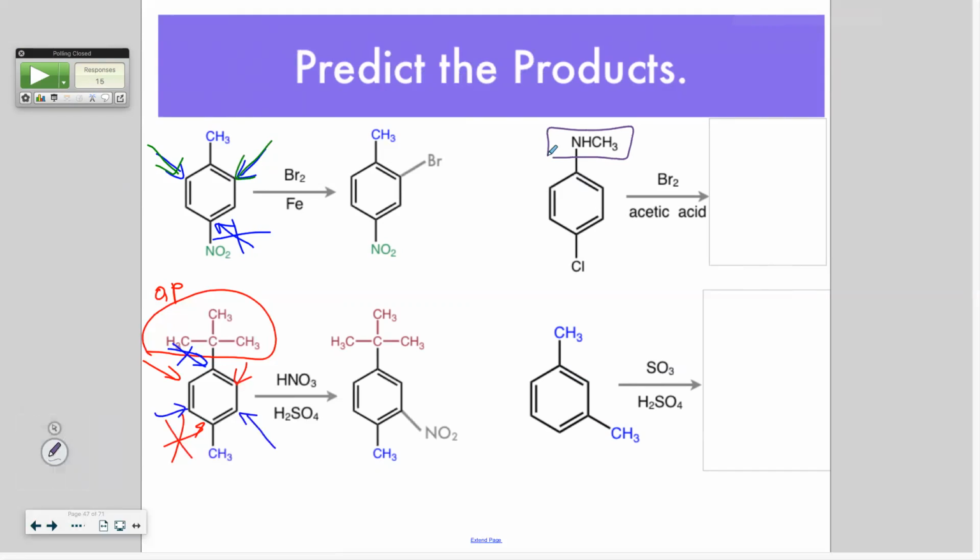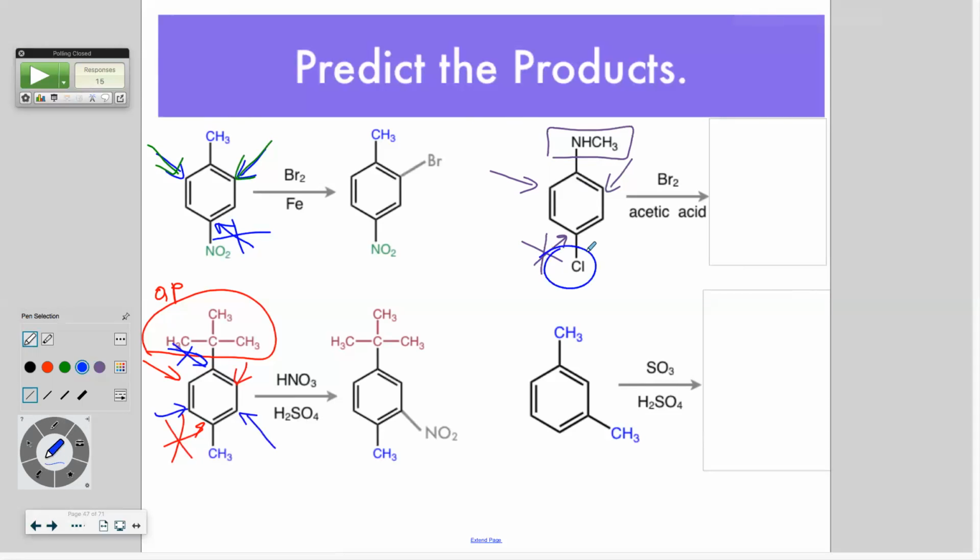Okay, so that means it's going to direct to these two spots, and this spot down here on the bottom is out of there. It's already got a chlorine on it. Okay, what can you tell me about the chlorine down here? It directs to OP also. So here's the O's, and its P is also taken.